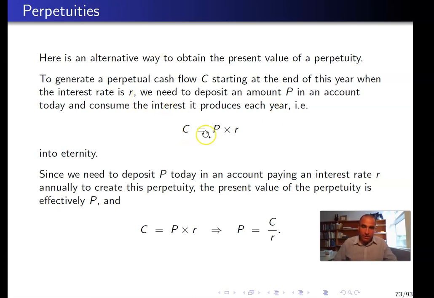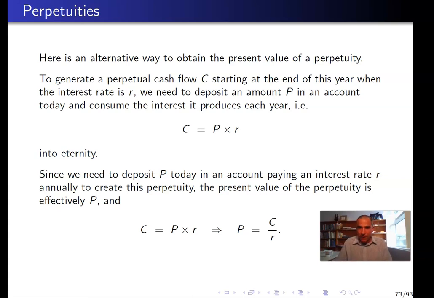Since C is equal to P times the interest rate, what is the value of P to generate C when the interest rate is r? The value of P is C divided by r. So we obtain the same equation as taking the limit of the finite annuity equation when T goes to infinity, by looking at the problem this way, okay?